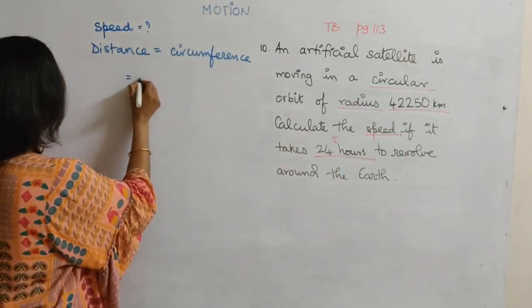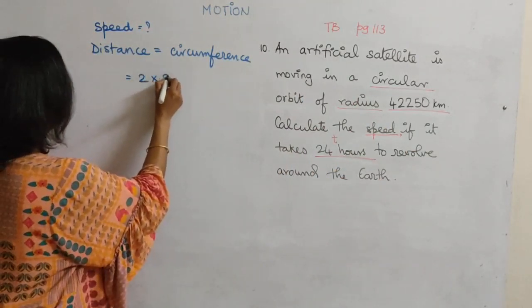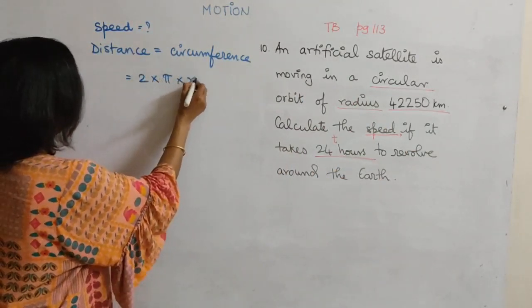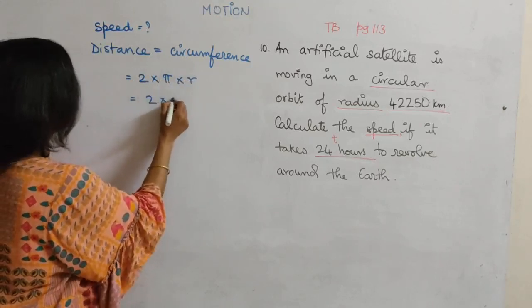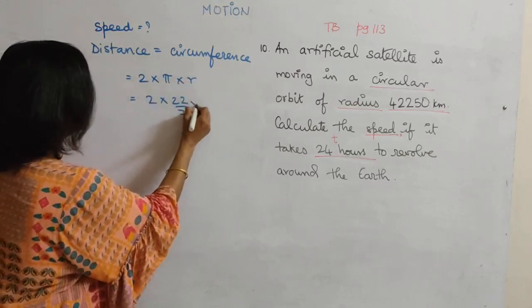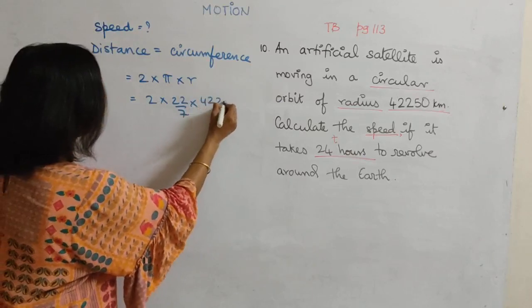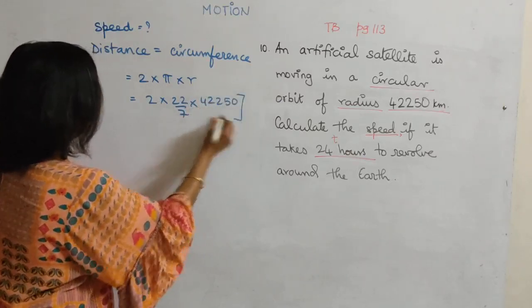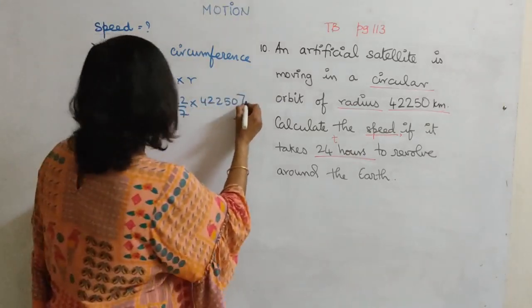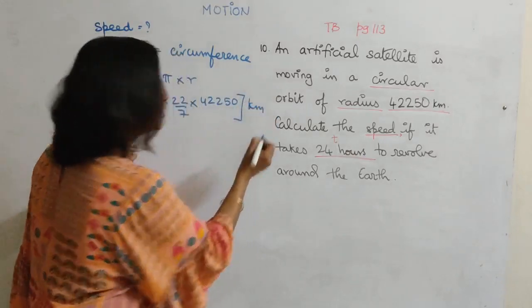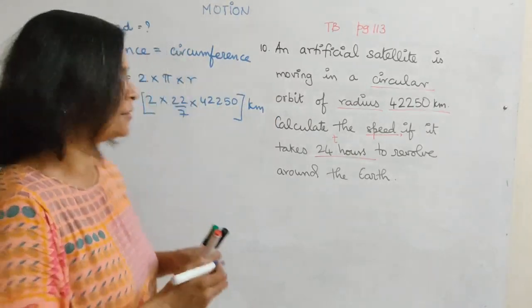So it's going to be 2 into pi into r. So that's 2 into 22 upon 7 into 42250. As of now, we will keep it as it is. Since it is distance, it will be kilometers, right?